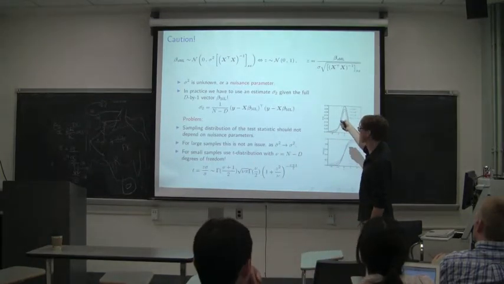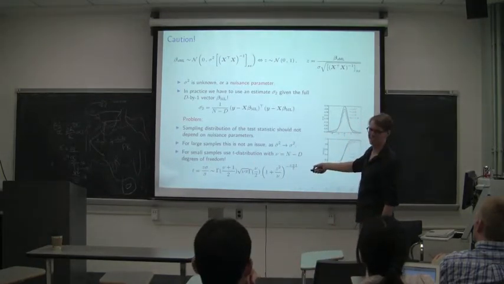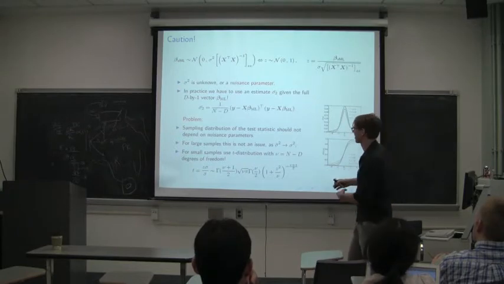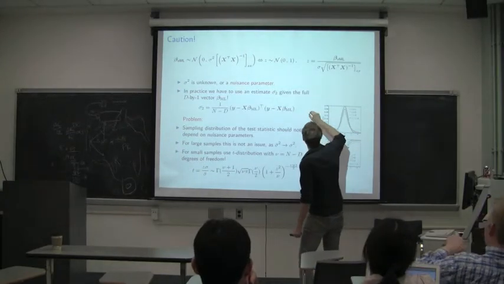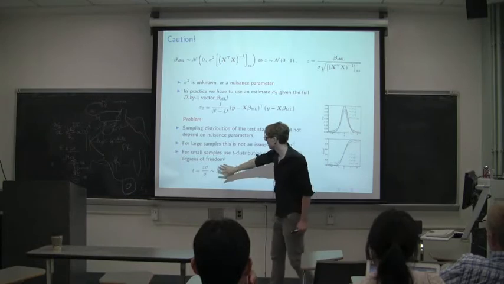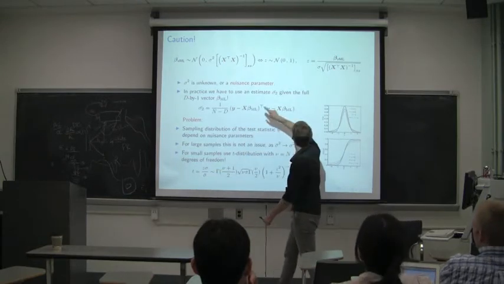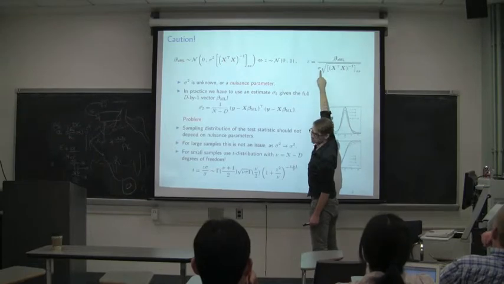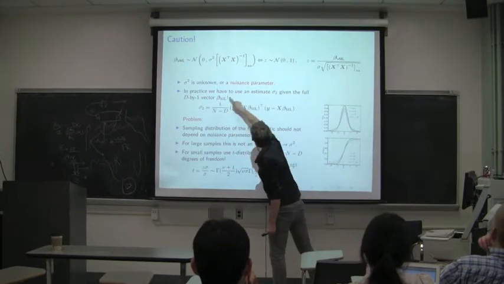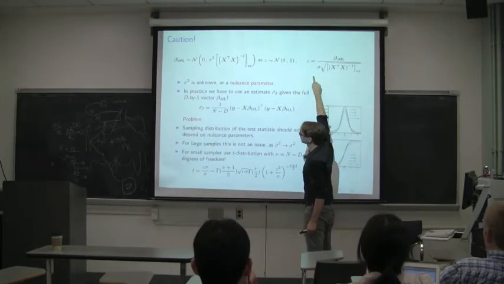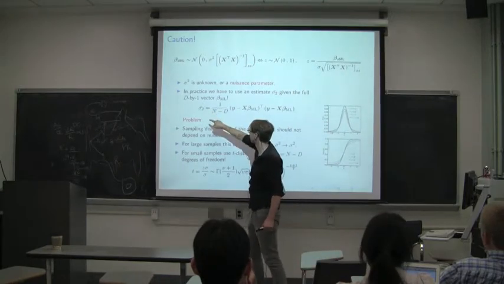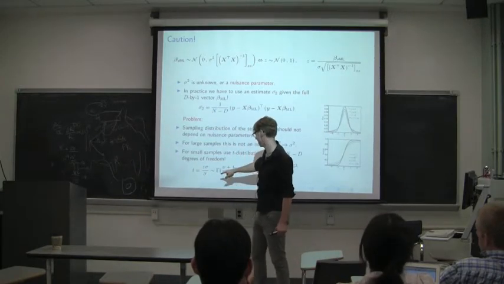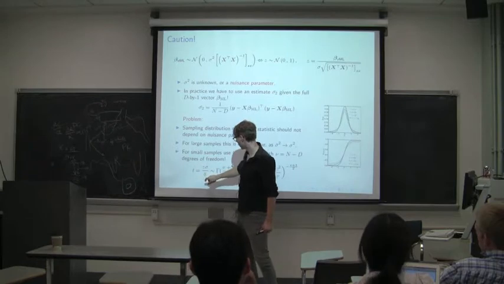Remember, z has the standard deviation of the data, so these standard deviations cancel. This just means we take this and replace the data standard deviation by this one. Sorry, this is, by the way, squared; it's not a lower script 2, it's an upper script.